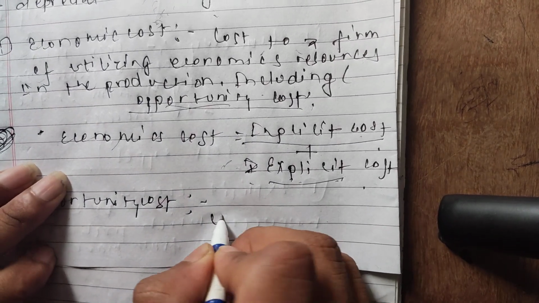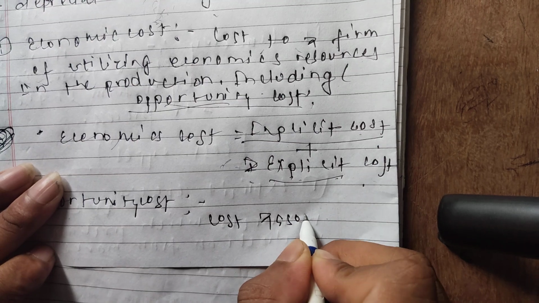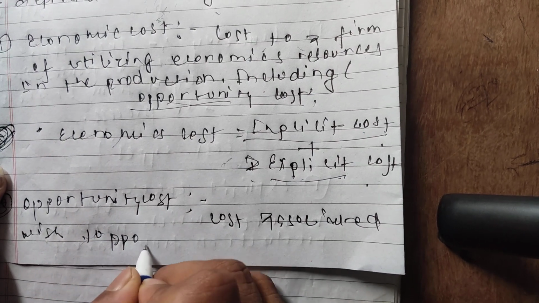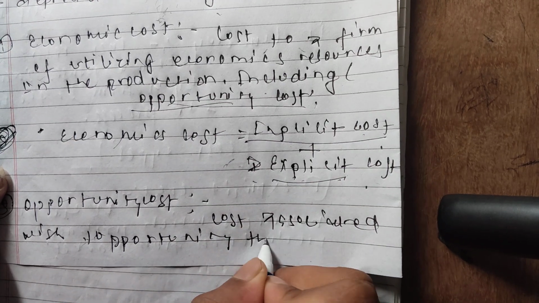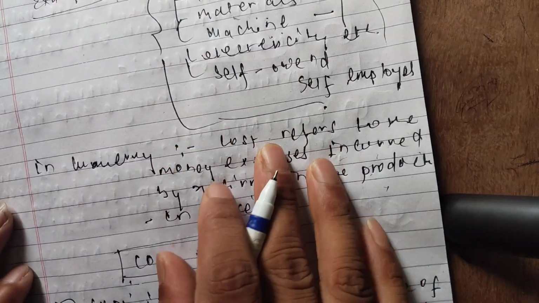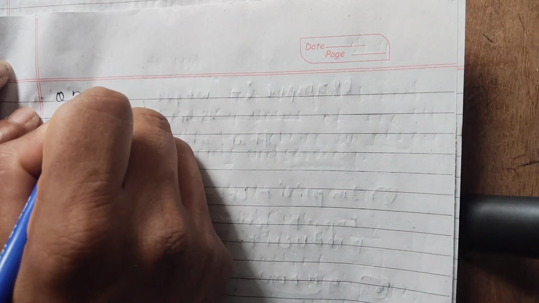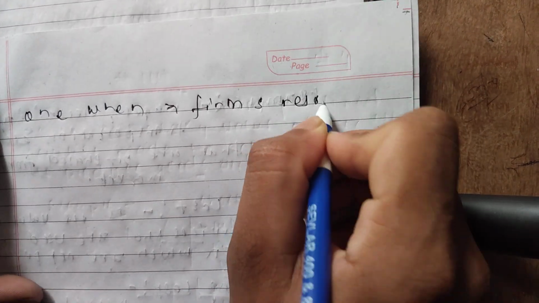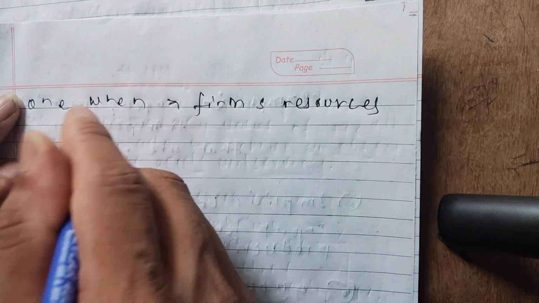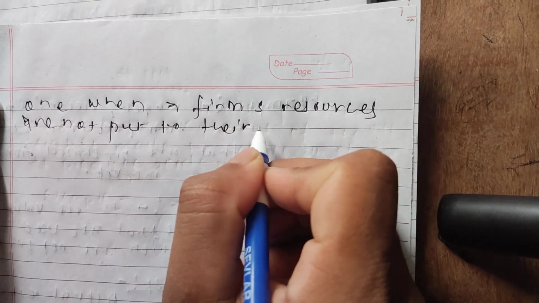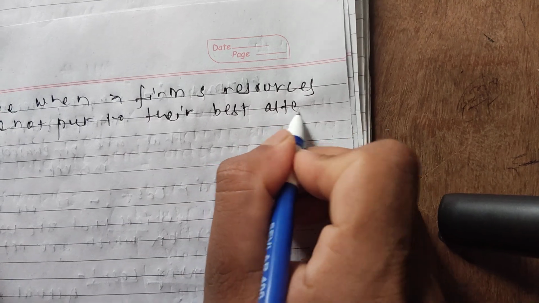Opportunity cost is associated with opportunities that are forgone when a firm's resources are not put to their best alternative.